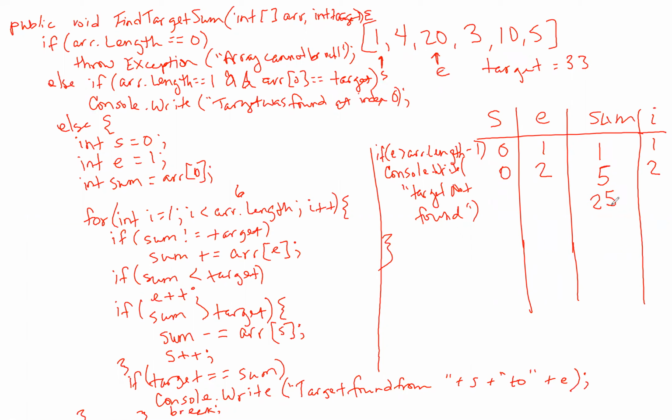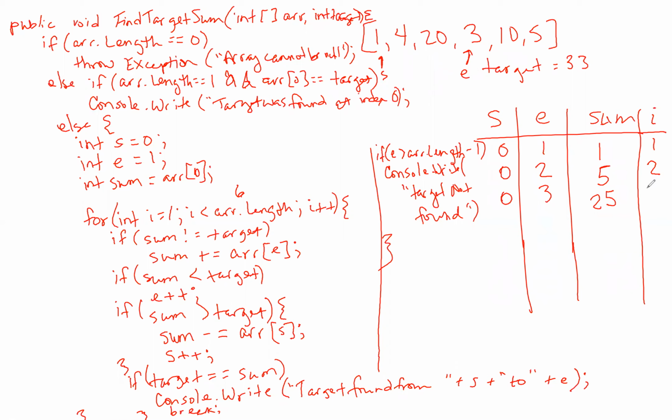If sum is less than target, okay, 25 is less than 33, then E++. So we're going to increase E. And if sum is greater than target, it's not. So S is staying at 0. If sum is equal to target, it's not.